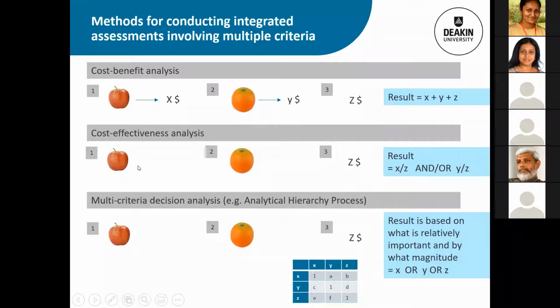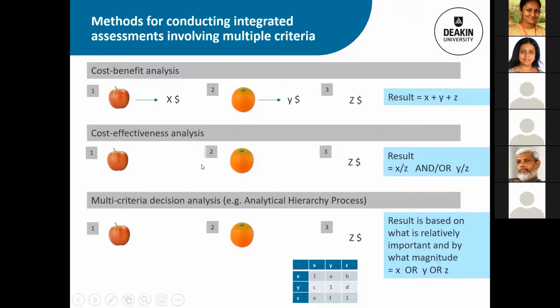One of the other techniques we can use is called cost-effectiveness analysis. Again, we have apples, oranges, and money, and the result is a ratio. We check how effective one indicator can be in comparison with the effect of money.